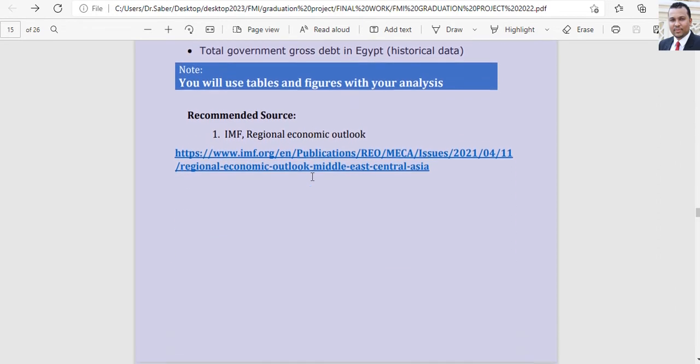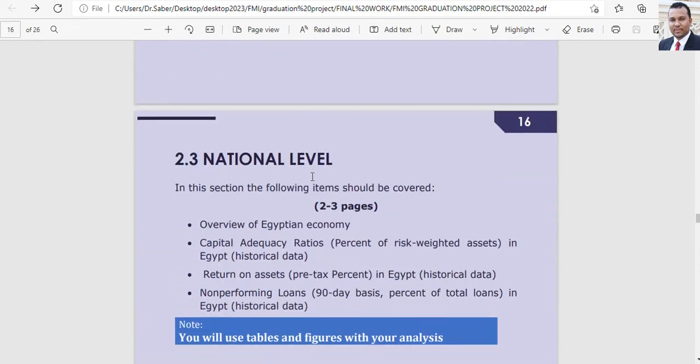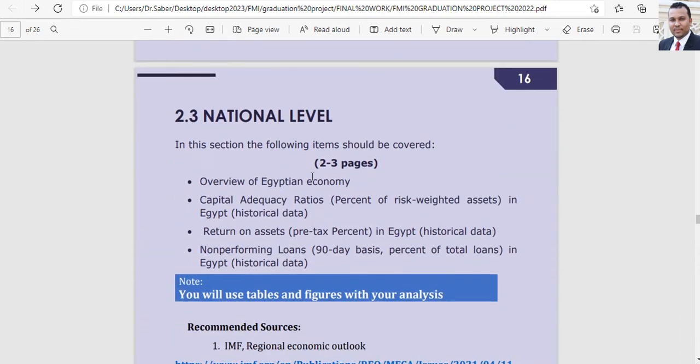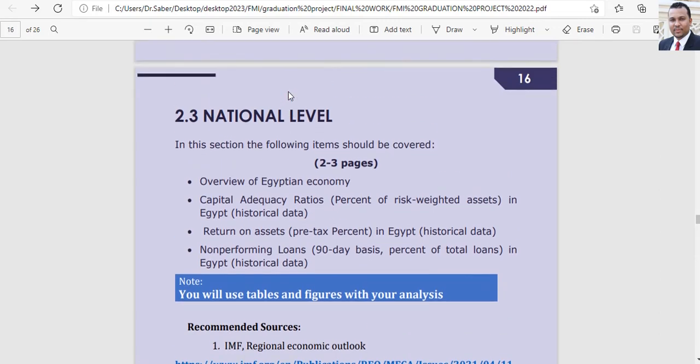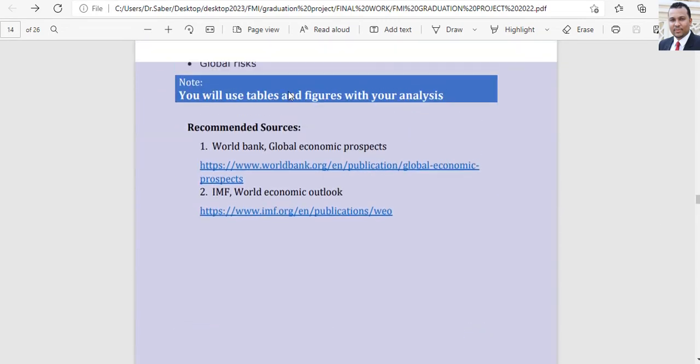So the next, we're still in section number 2, but we will talk about the national level. The national level, we mentioned the Egyptian economy. What do you know? So in section number 2, this is very important.